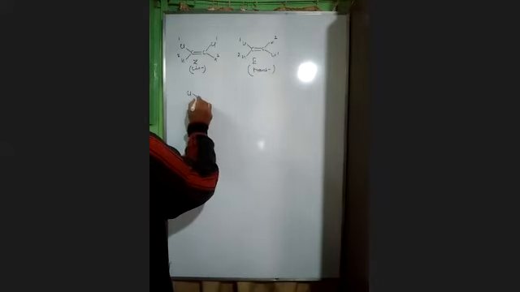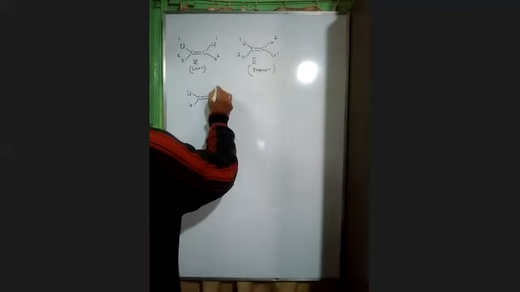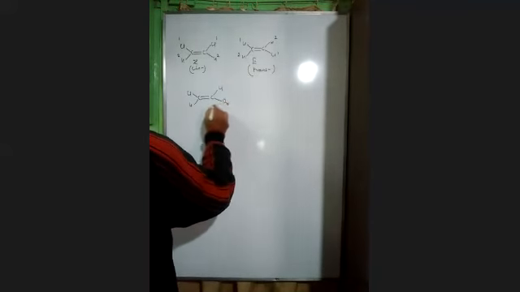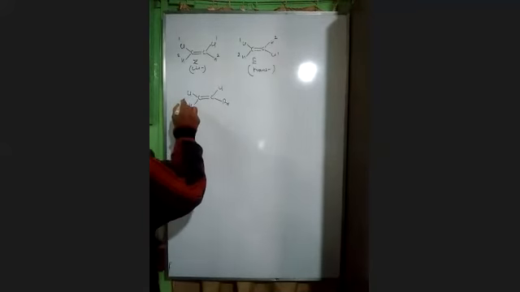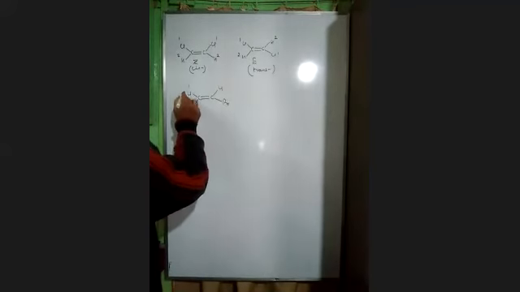See how the earlier concept has let us down. Suppose it is this. In the earlier concept, they say that if the similar groups are on the same side, we call it cis. If you go by the earlier concept, they are on the same side, so it should be cis. But according to the CIP rule, it is more precise. See here, the atomic number of chlorine is higher than hydrogen.